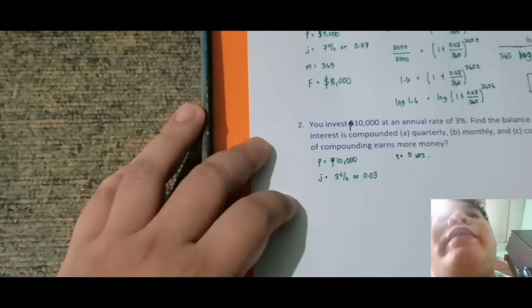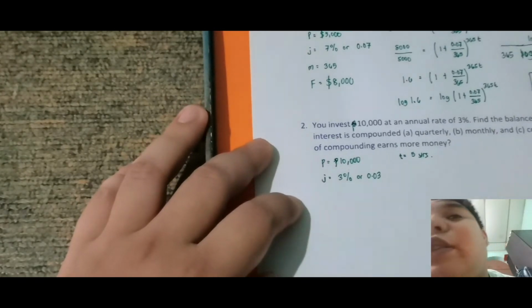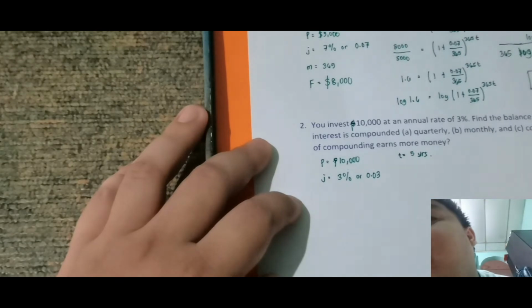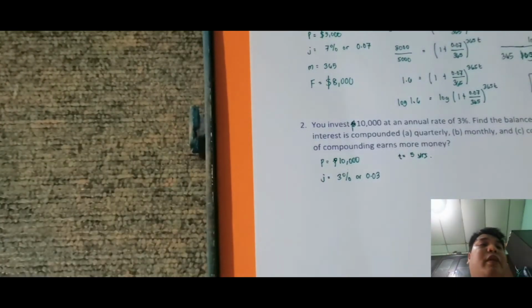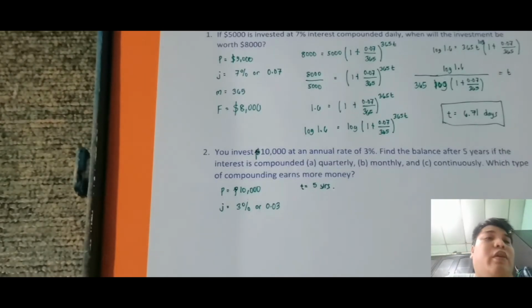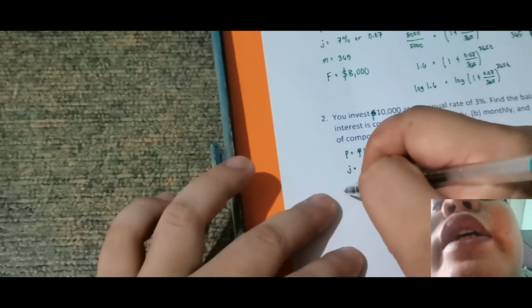Tama, no? So, 5 years. So, ang tanong is compounded siya something. Okay, so again, may tatlo tayo, no? So, we have quarterly, monthly, and continuously. So, first is for A.